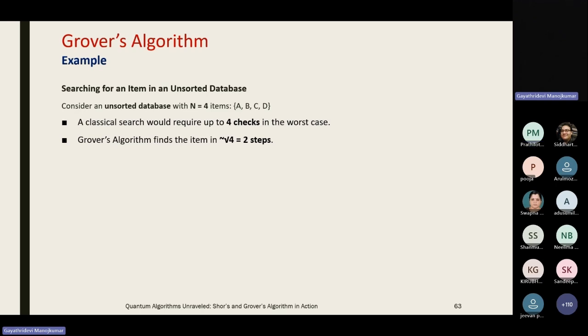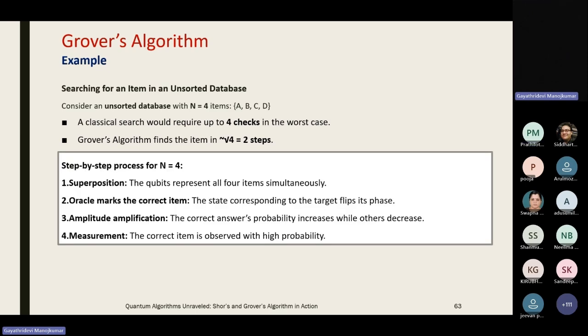In the worst case, it will make four checks: it checks A, then B, then C, and then D. But with Grover's, with the help of superposition, it will take root of 4, that is, within two steps it can check the unsorted database.